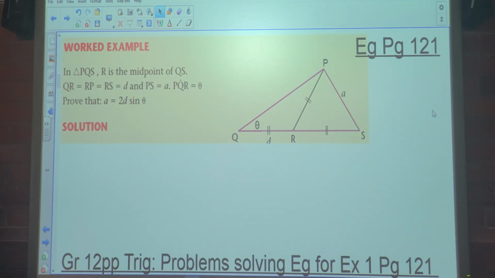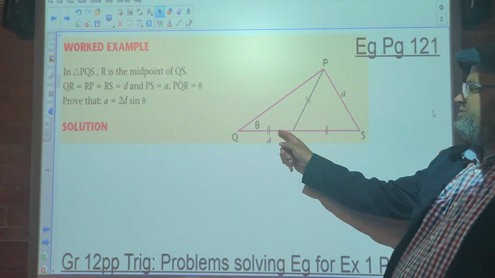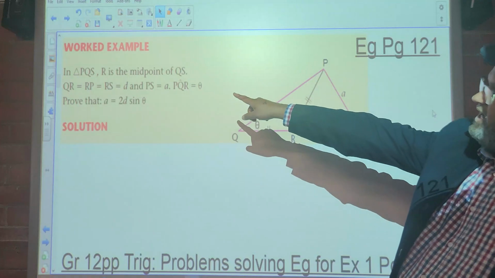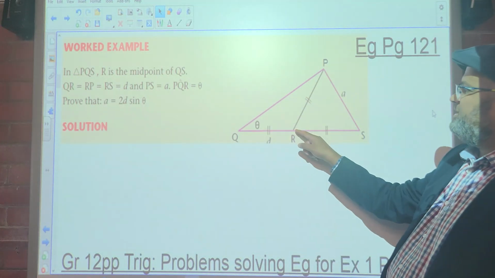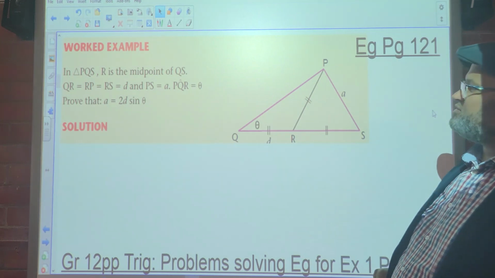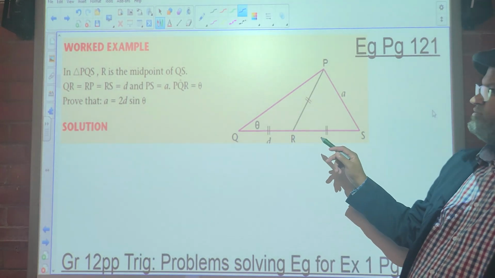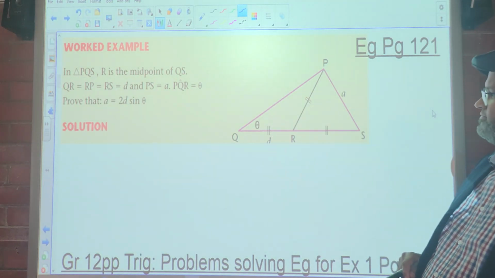Then we are told that QR equals PR equals RS, which is equal to d. Then PS is a, and PQR is theta. The question says prove that a, which is this length here, is equal to 2d sine theta.